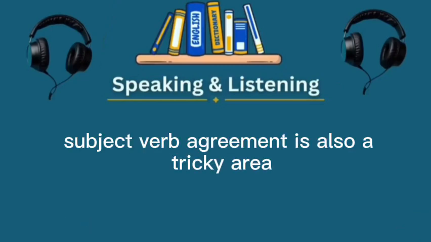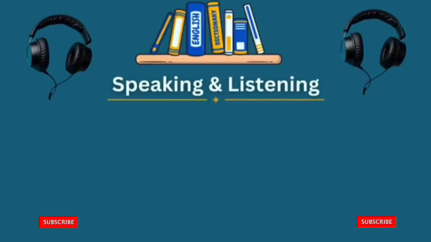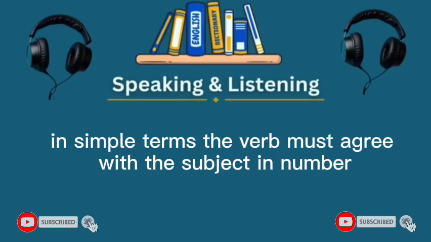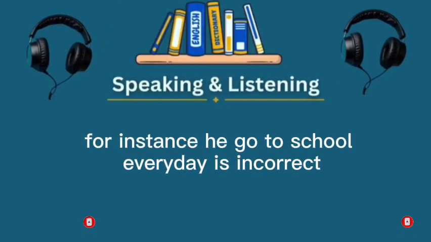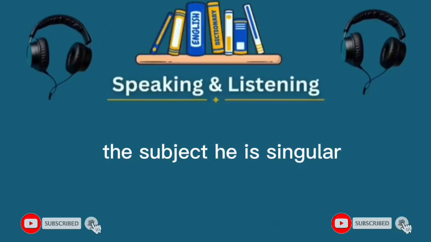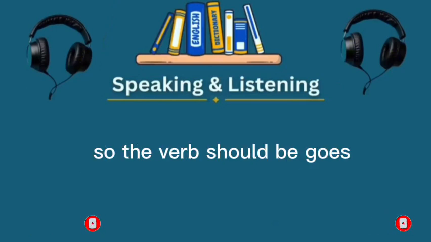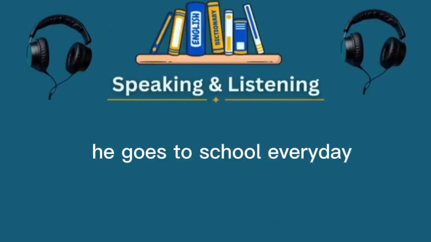Subject-verb agreement is also a tricky area. In simple terms, the verb must agree with the subject in number. For instance, "He go to school every day" is incorrect. The subject, he, is singular, so the verb should be goes. "He goes to school every day."